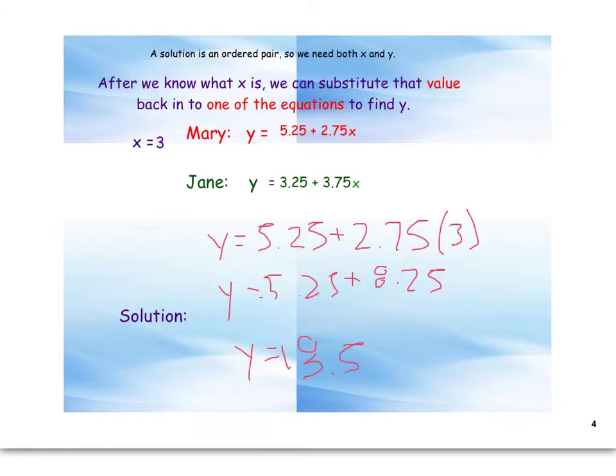All right. So now that we have both our x and our y, we can give our final answer as an ordered pair, where x equals 3 and y equals 13.5. And on a graph, it might be kind of hard to see where the 0.5 is.